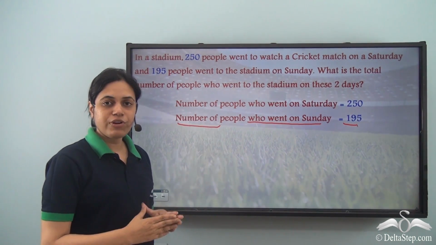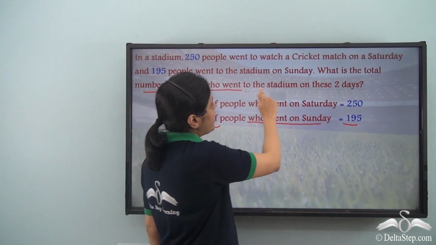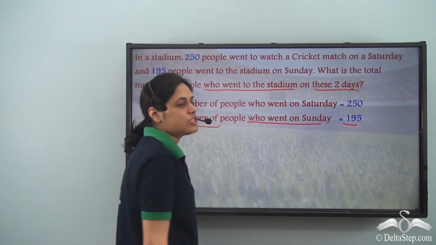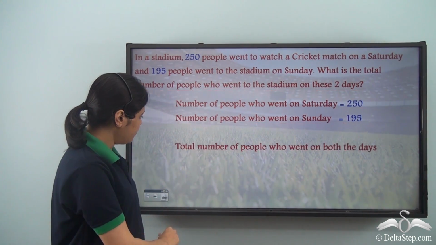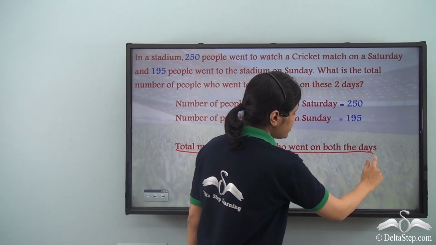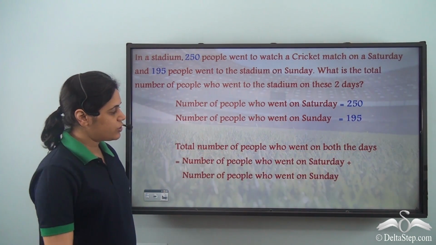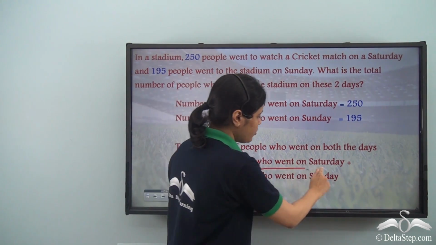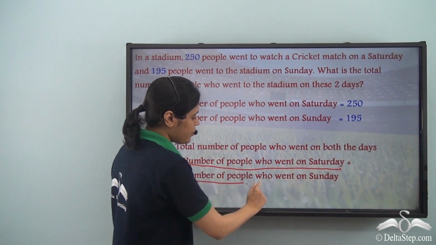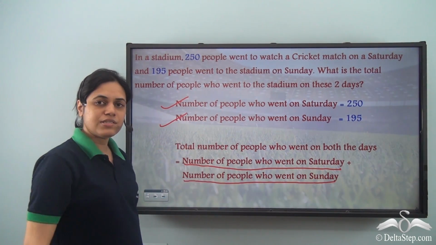Now what do we need to find? We need to find the number of people who went to the stadium on these 2 days. So the total number of people who went on both the days is equal to the number of people who went on Saturday plus the number of people who went on Sunday. That is this plus this.